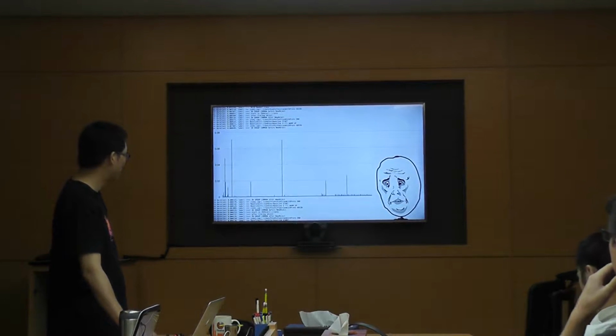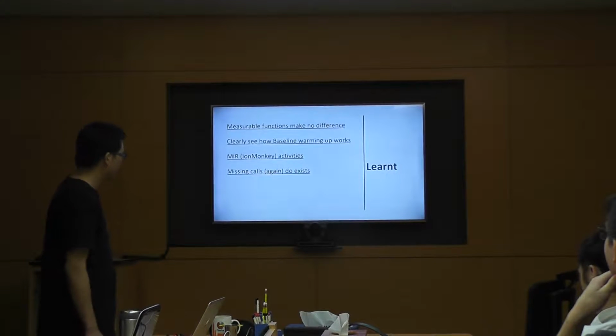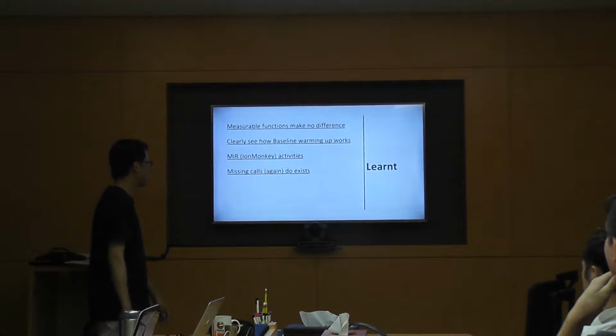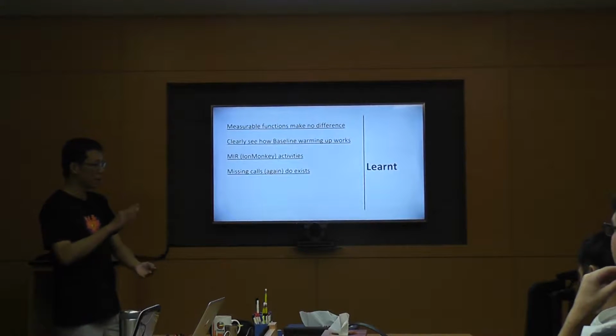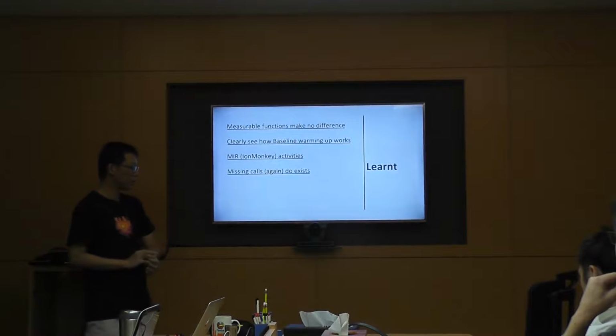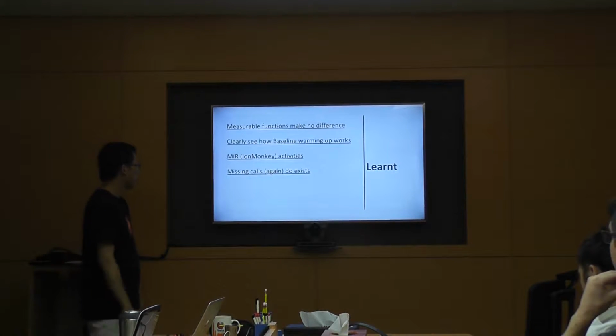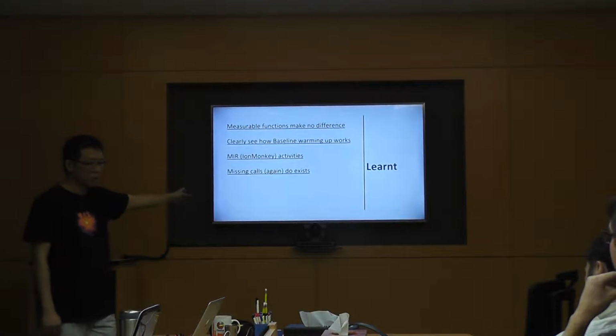So basically, it's a failure. But I think I learned something, which is that basically the baseline and IonMonkey work well. So the problem is not in the two JIT engines. And it shows how MIR gets compiled, generated and deprecated.